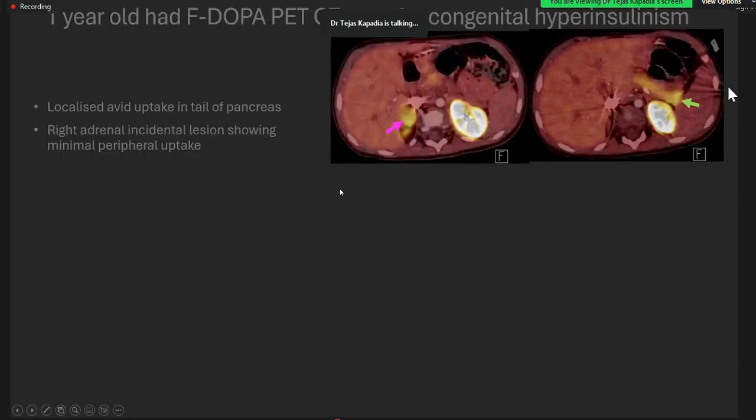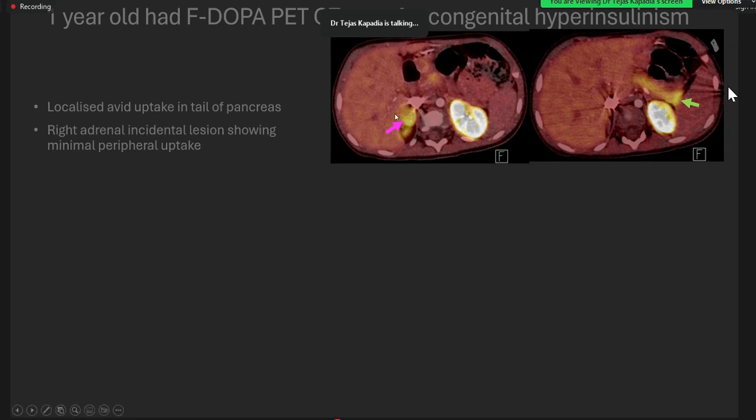This is another case where the kid had congenital hyperinsulinism, and that's why they underwent an F-DOPA PET CT scan. Now, F-DOPA is another emerging tracer which is coming as an alternative to FDG PET scan in neuroblastoma, especially MIBG-negative disease.